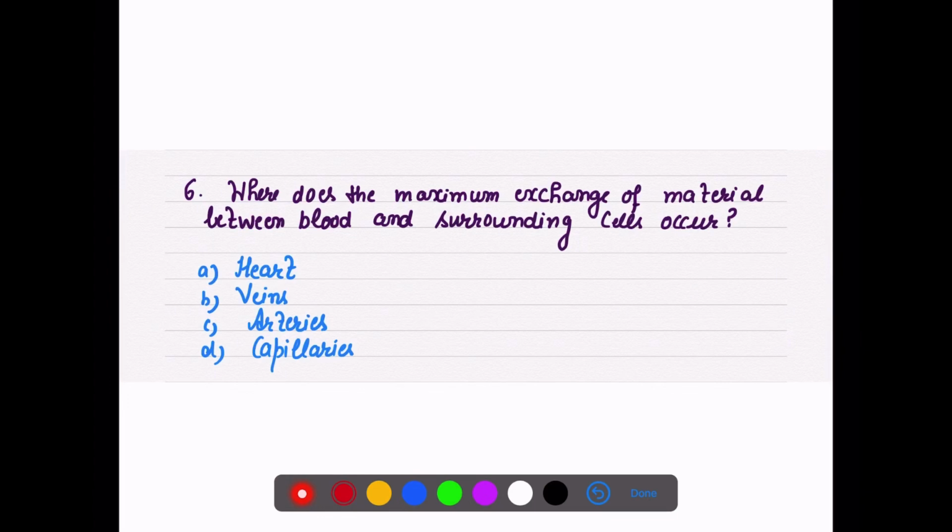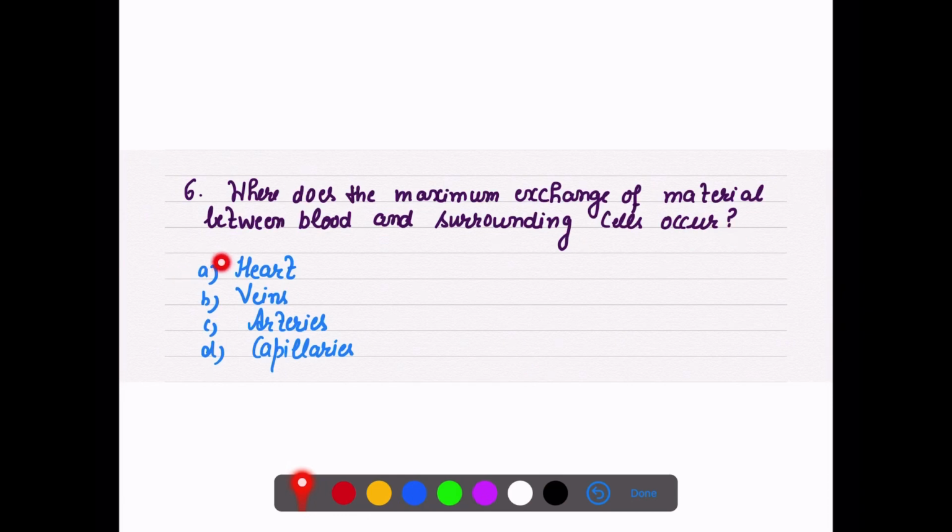Next, let's move to now sixth question. You have to tell me, where does the maximum exchange of material between blood and surrounding cells occur? Once again, let's see the question. Where does, which place is it where maximum exchange of material between blood and surrounding cells occur?